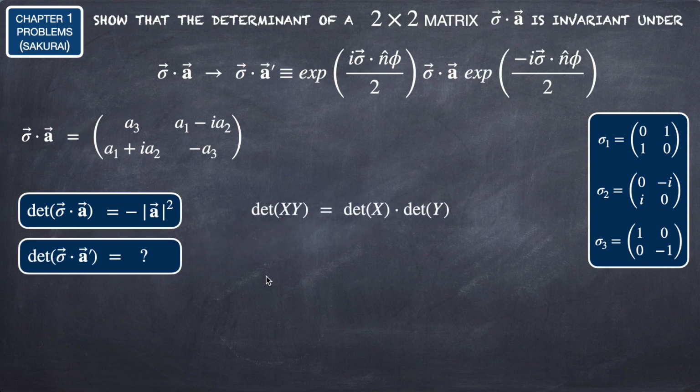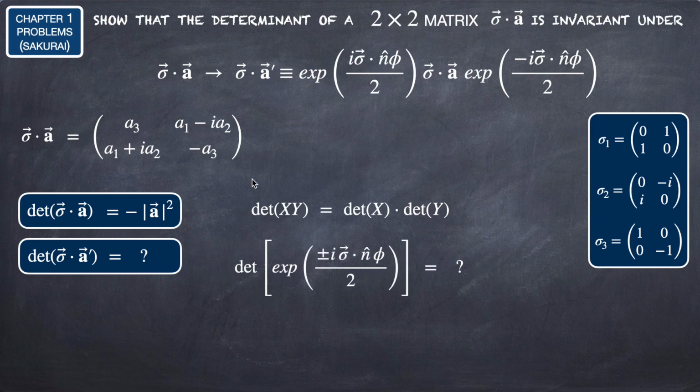Okay, then we need to calculate the determinant of this term, which is a product of these terms. And let's remind ourselves that the determinant of a product of operators is the product of the determinants of each operator.